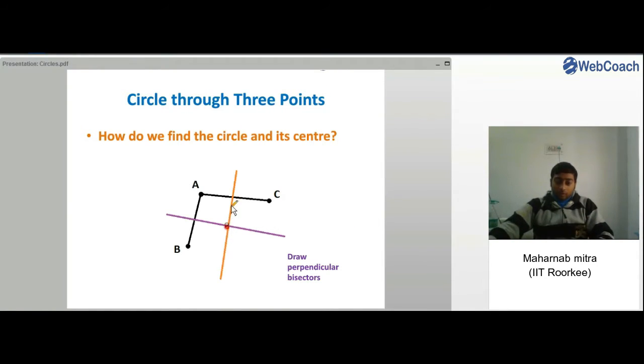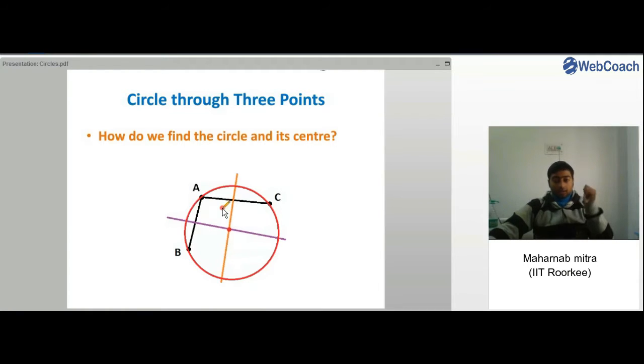If this was the center, then if we had drawn a perpendicular line to AC and it bisected it, then it must have been the center. Now if we had drawn a perpendicular bisector of AB also from the center, then it would have bisected AB also, right? So here must be the center, and thus we can easily draw a circle using this simple concept.